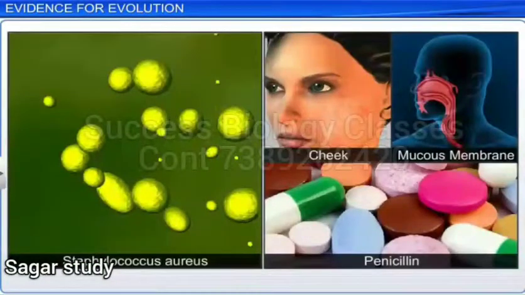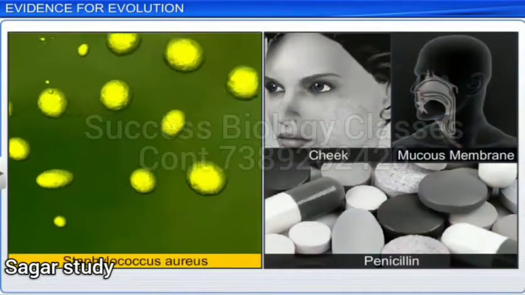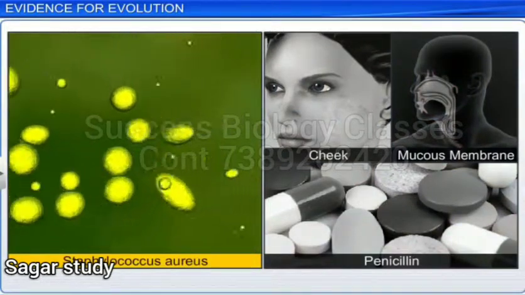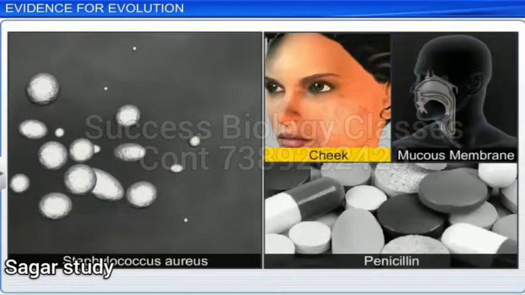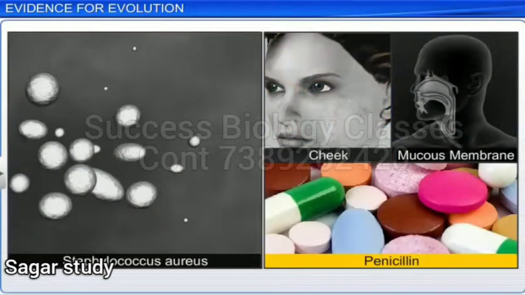For example, Staphylococcus aureus is a resistant pathogen. Found on the mucous membranes and the human skin in around 1/3 of the population, it is extremely adaptable to the antibiotic penicillin.